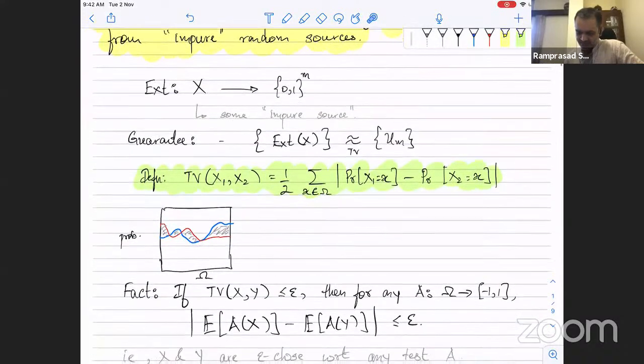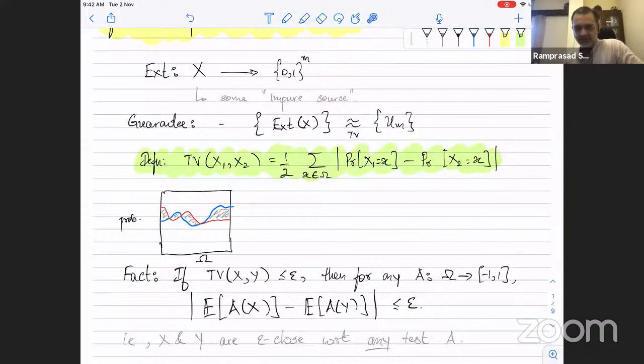This to me is perhaps the most important property of total variation distance: no matter what test function you take, as long as the range of the test function is bounded between -1 and 1, the expected behavior of the test function on the distribution X and the expected behavior of the test function on the distribution Y can differ by at most the total variation distance between X and Y.